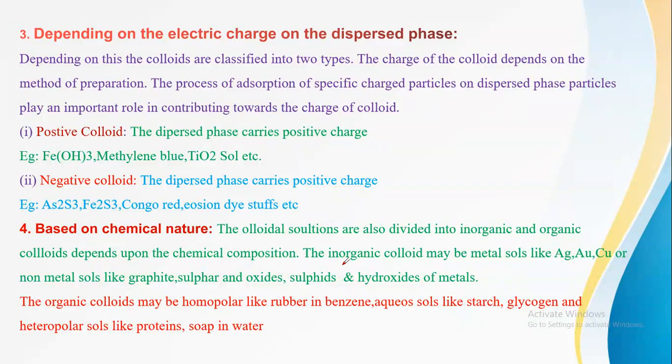The inorganic colloid may be metal salts like silver, alum, copper, or non-metal salts like graphite, sulfur, and oxides, sulfides and hydroxides of the metals. The organic colloids may be homopolar like rubber in benzene, aqueous like starch, glycogen, and heteropolar like proteins, soap in water. So this is about colloids and classification of colloids.